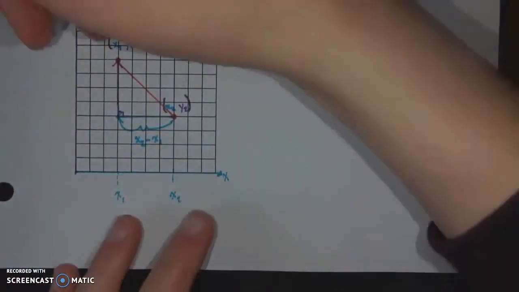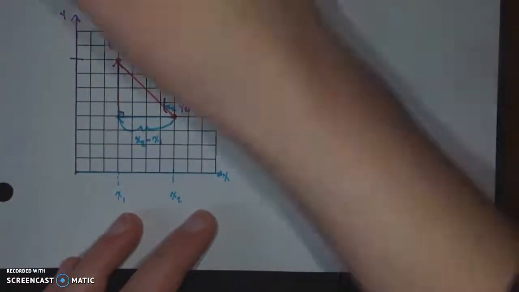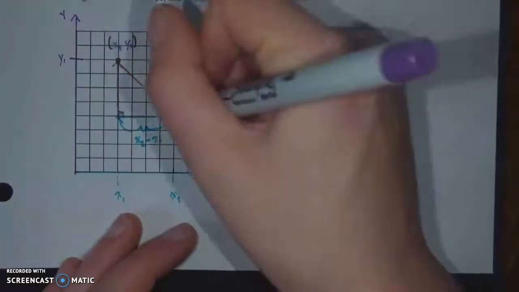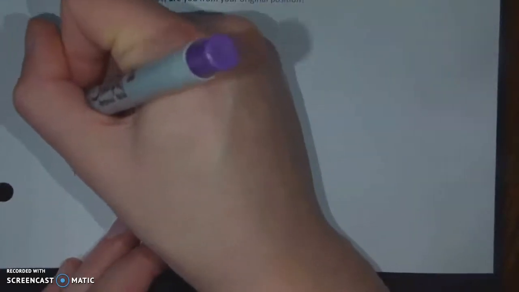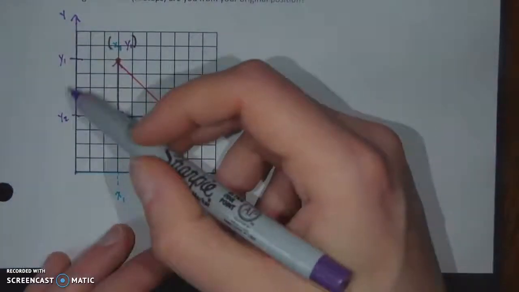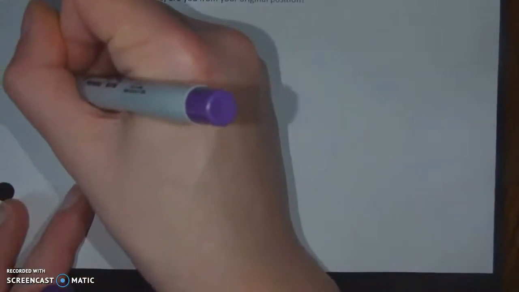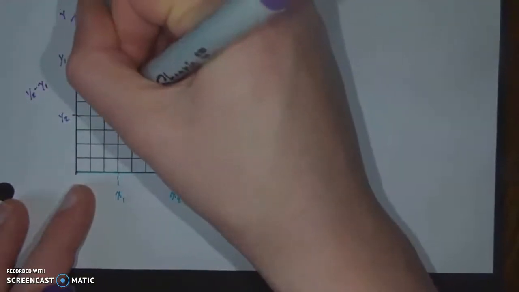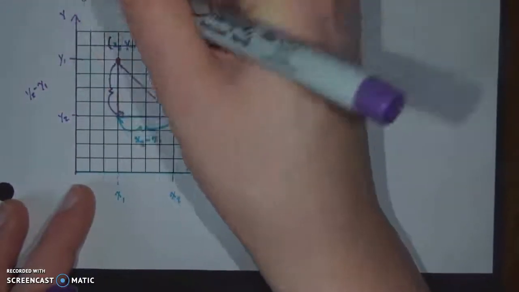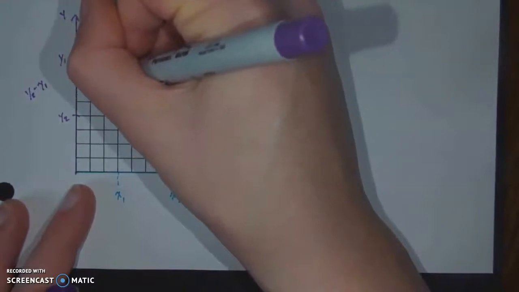Well, you can see that the distance here is between this y1 and this y2. And what I'm going to do is I'm going to take y2 minus y1 to find what that overall distance is. So this length here is y2 minus y1.